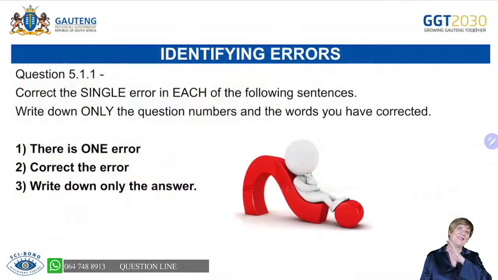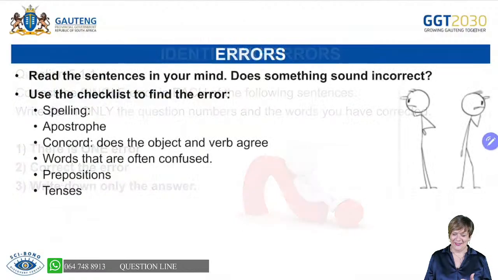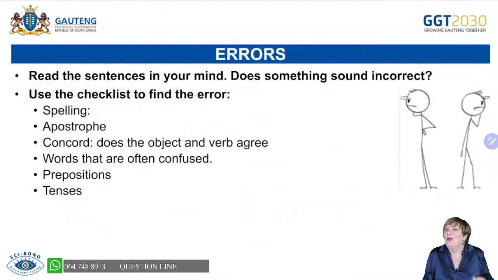So let's end where we started. Remember, I asked you to start by identifying errors. Let me remind you again. There's only one error. You need to correct it, and you need to write down the answer. So what do we usually put in there that you need to correct?